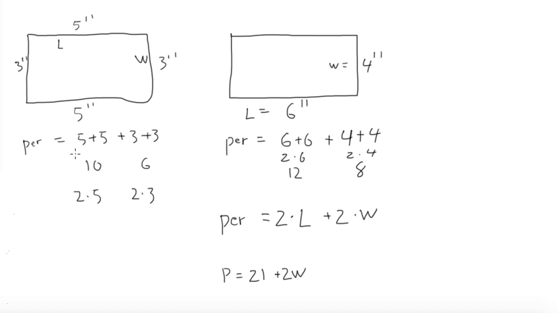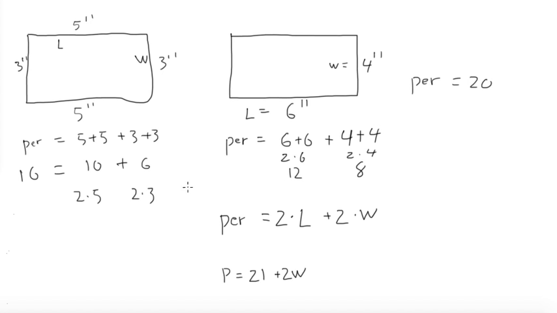I didn't identify it, but let's identify it now. That perimeter changed. That perimeter is a 16 here, because 10 plus 6 equals 16. And the perimeter over here, this one, is going to be 12 plus 8, which equals 20.